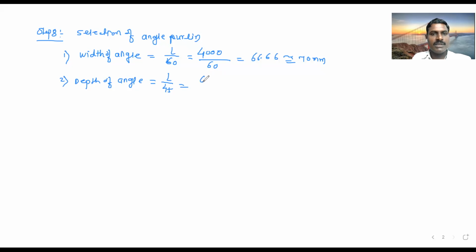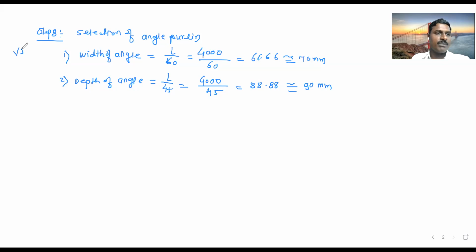L is again 4,000 divided by 45. That is 88.89. Please correct it to L by 45.